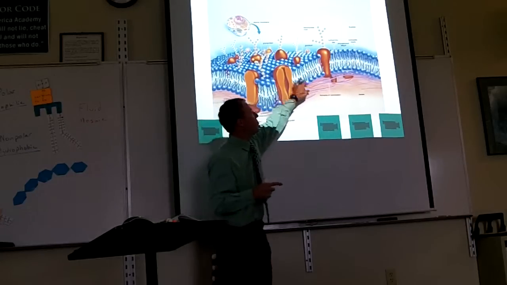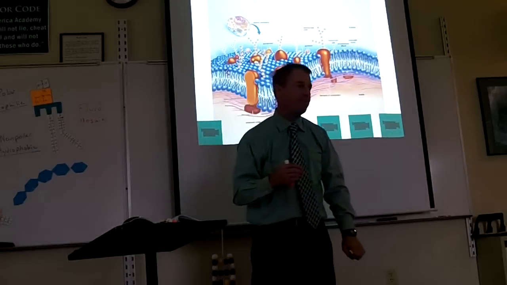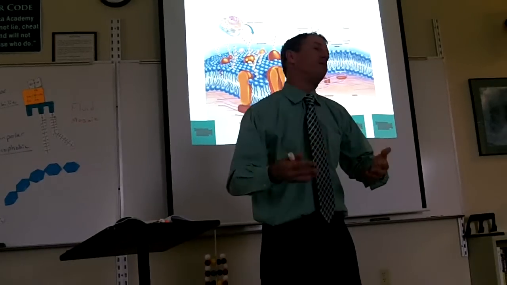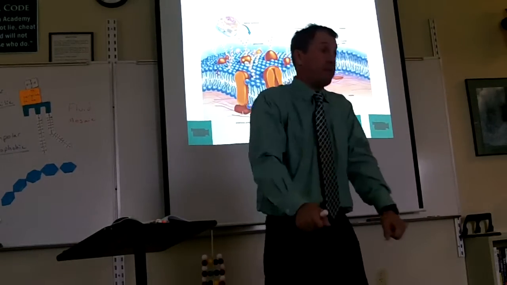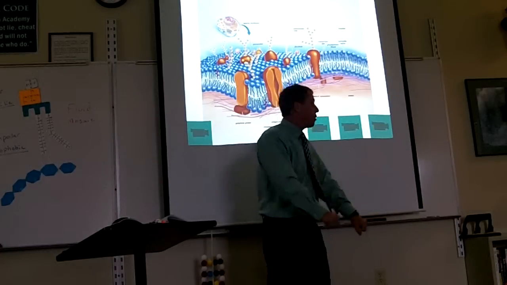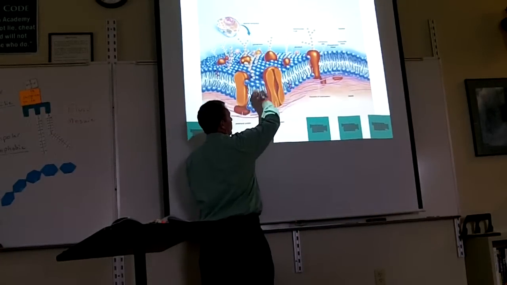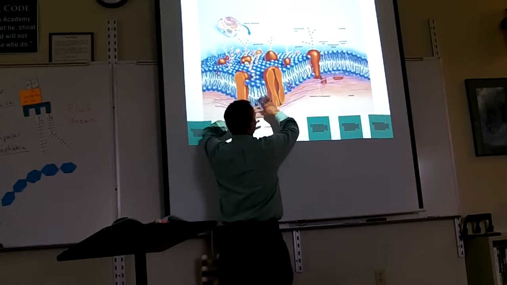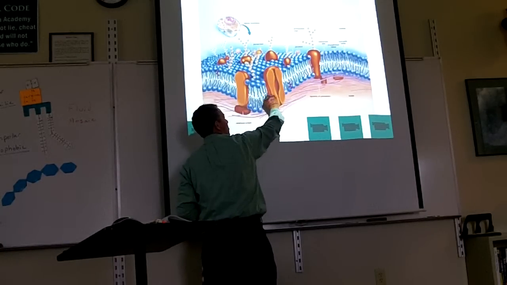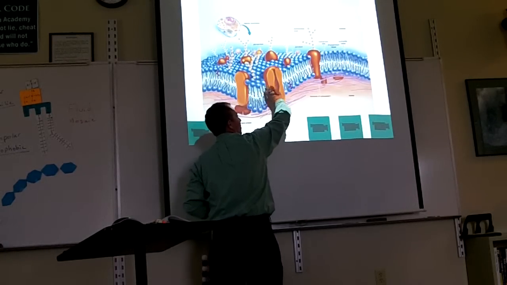But it sits in the membrane and stabilizes the membrane. How? It keeps the membrane from getting too... remember, if you heat something up, the molecules move even faster? And so if these molecules start moving too fast, the membrane will start to fly apart. But the cholesterol makes some attachments here that keep the thing from flying apart.